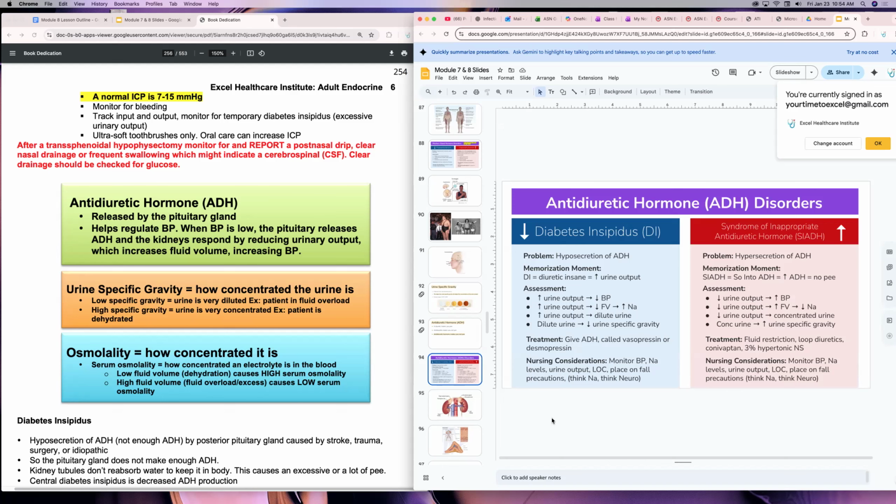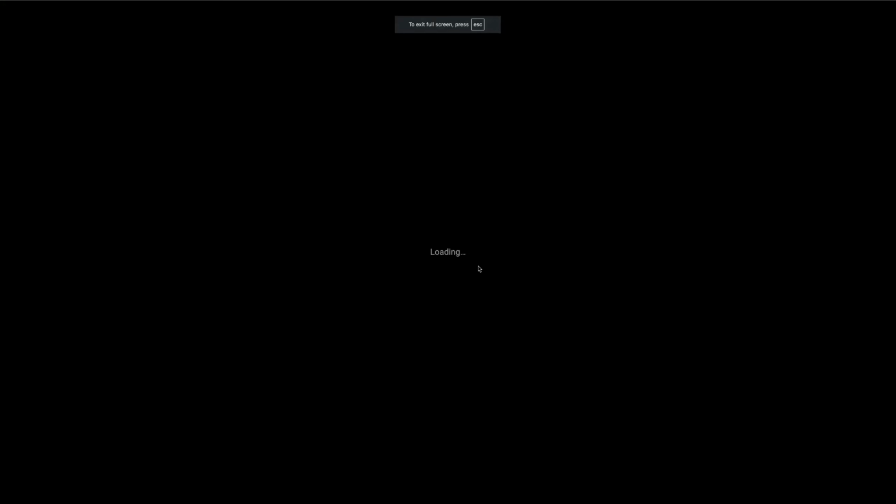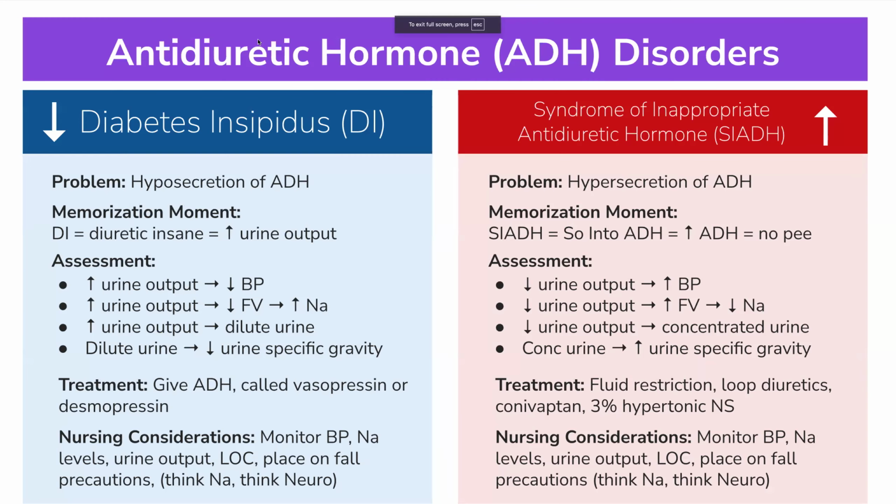Now let's look at the table to talk about the differences. All right. So, diabetes insipidus is a hyposecretion of antidiuretic hormone. That means the person is not releasing enough antidiuretic hormone.